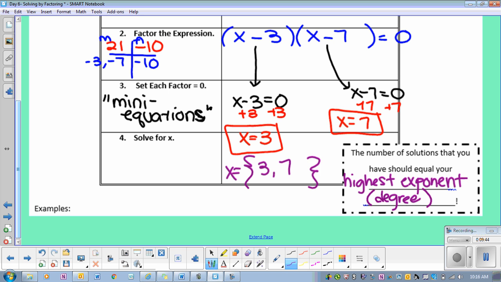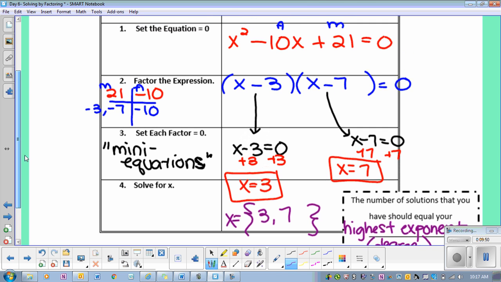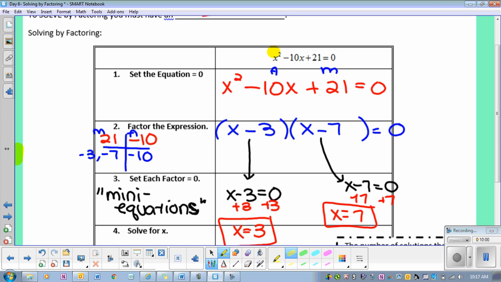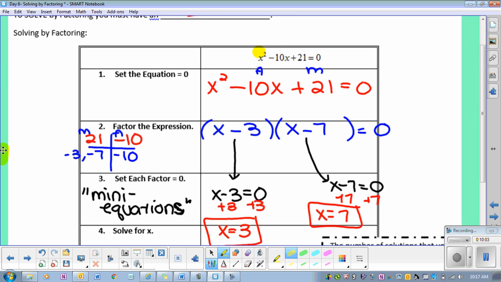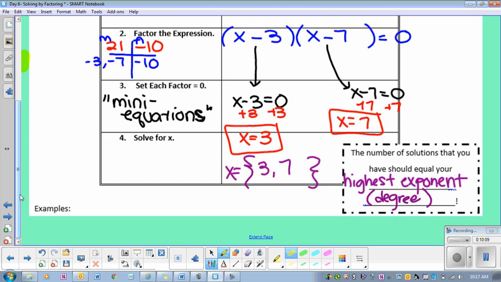So the number of solutions you should have at the end, the number of x equals, should match your biggest exponent there, which is 2, right? Did we get two answers? There we go. Two answers, so it matches. Okay?